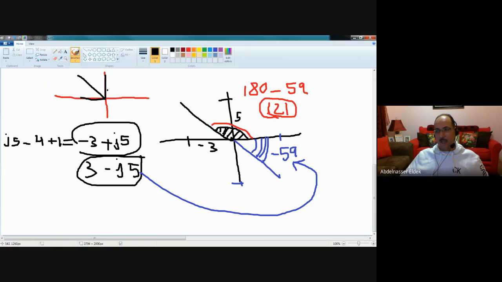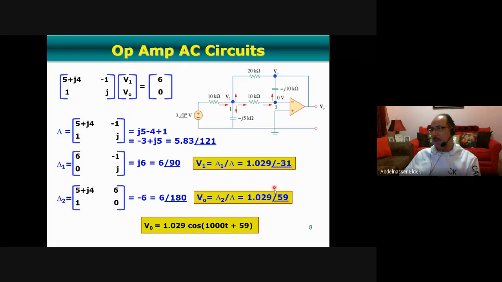This is the complex vector here, and this is the angle, between 90 and 180 degrees. So whatever you got, add 180 degrees to this number here. In this case, this will give you the right answer. So here it is 121.